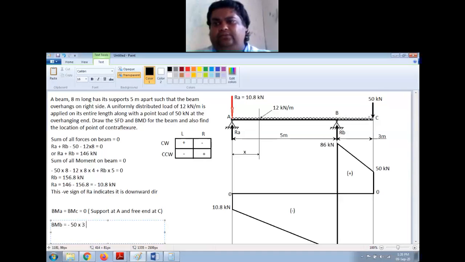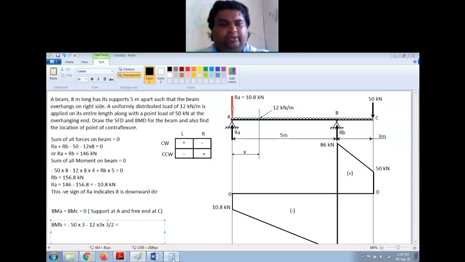Then you have this UDL that is also downward, so minus 12 into the length is 3, that is the total force, and that is acting at the midpoint, so it is 3 by 2. 3 into 3 by 2.